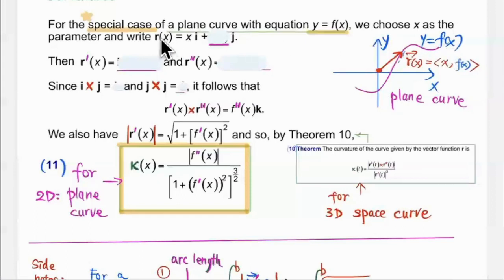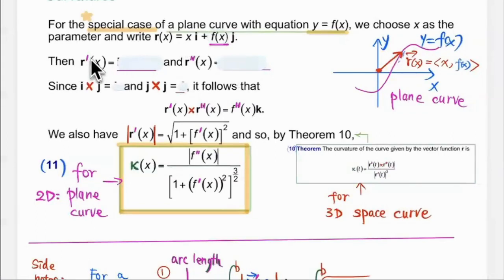The x component of this position vector will be x, and the y component you can express as f of x. So r of x is x in the i component, and f of x in the j component. So we can parameterize it this way, using x as the parameter.